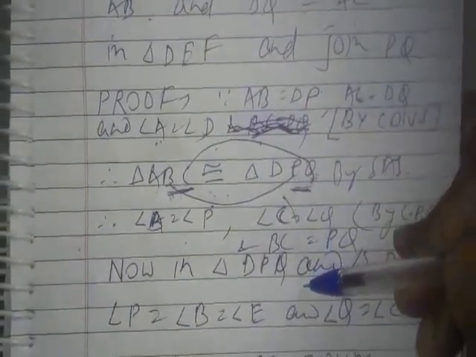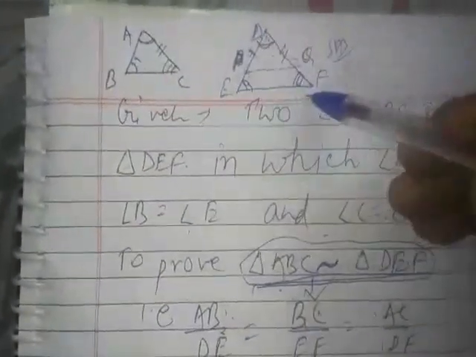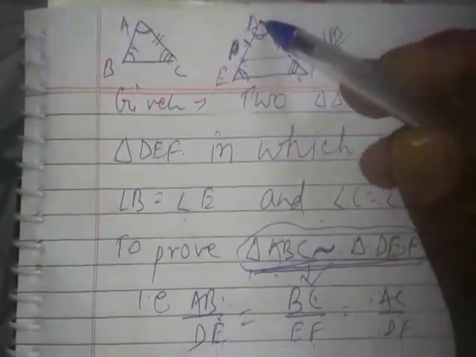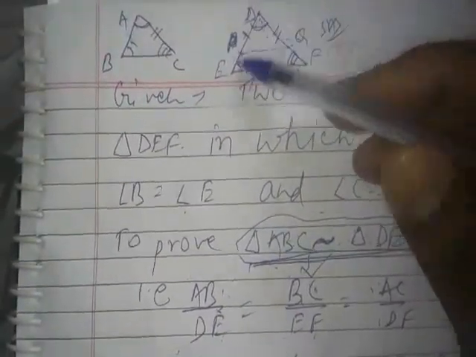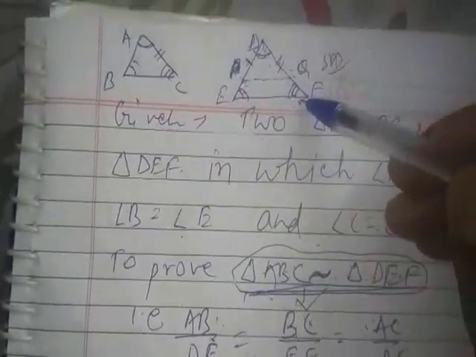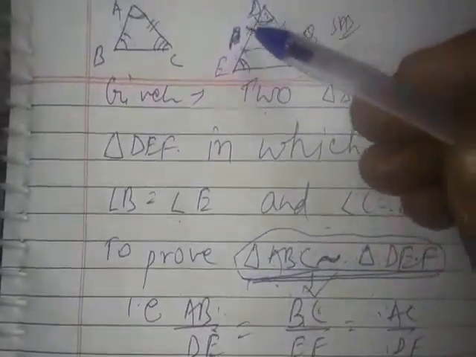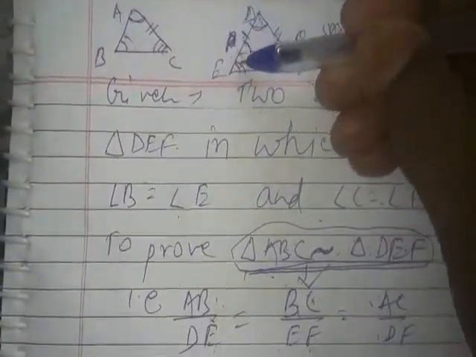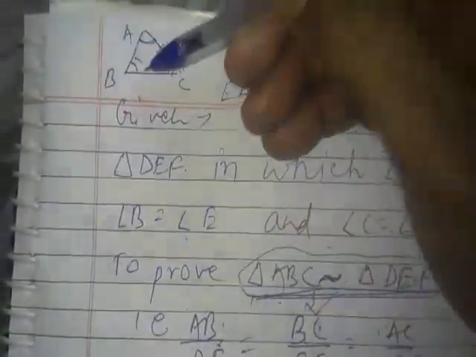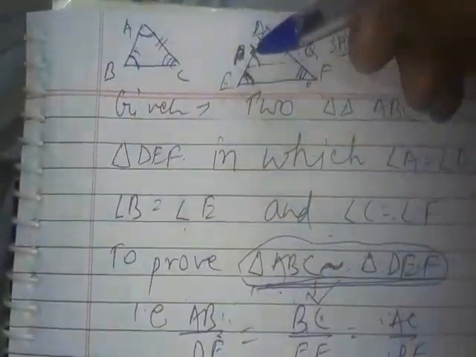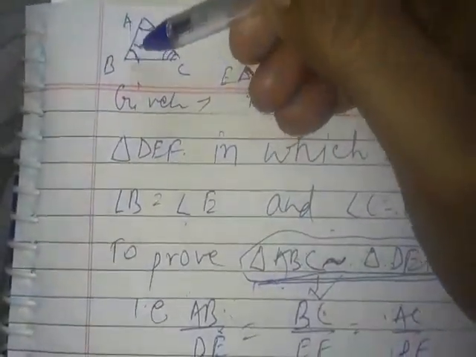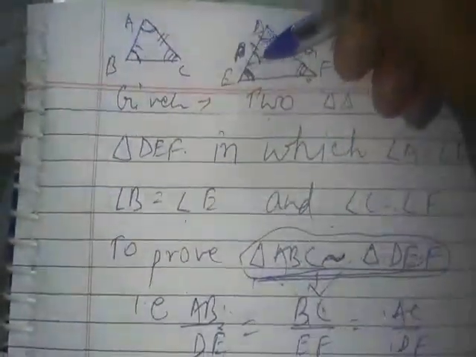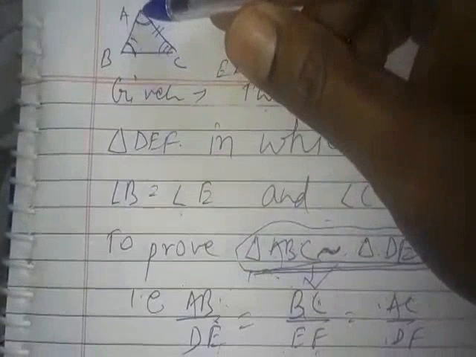Now we will take triangle DPQ and triangle DEF, in which we see that this angle is equal to this angle, because earlier it was given to us that angle B is equal to angle E, but just now we have proved that angle B is equal to angle P by taking congruency of triangle ABC and triangle DPQ.